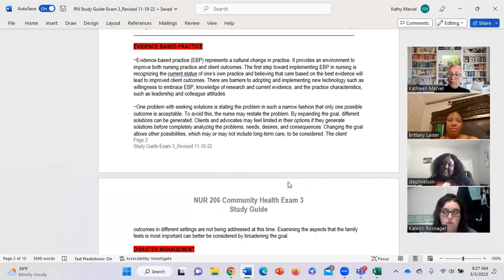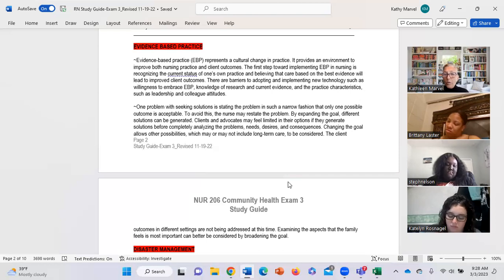Think of how we used to care for a patient who's had a triple bypass 20 years ago versus now. How have we improved our care, our processes, our technology, our medications? That's all through evidence-based practice. So through research, through clinical trials, through journals, through experts. Does that make sense?